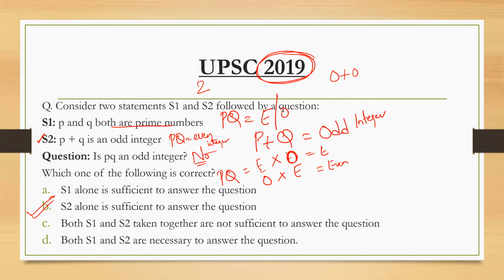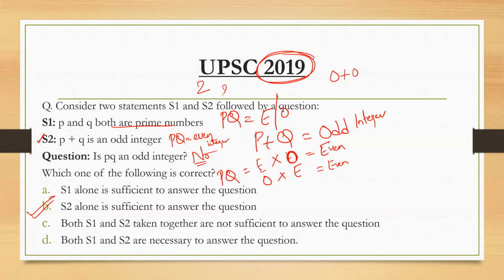What about Manisha? Sir, please repeat how only statement 2 is required. See here, PQ, you understood this much, right? Even and odd, odd and even. Yes, sir. So the multiplication of an even and odd number will give me what? An even number.